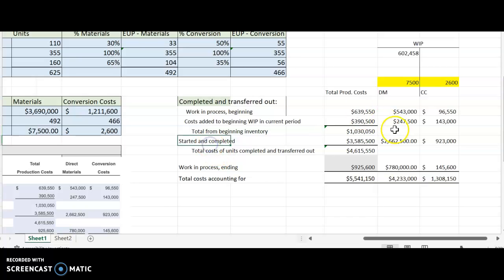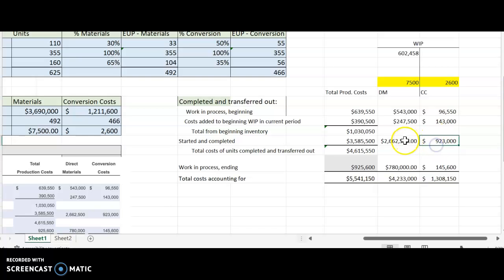Then started and completed. Remember we calculated there were 355 units started and completed. So you would do 355 times 7,500. And then here, 355 times 2,600.